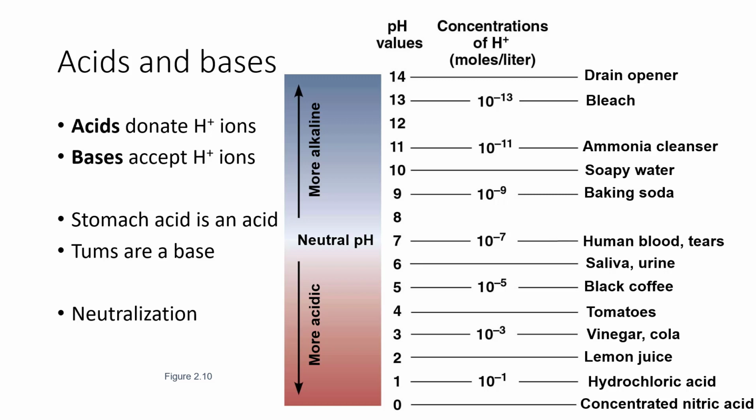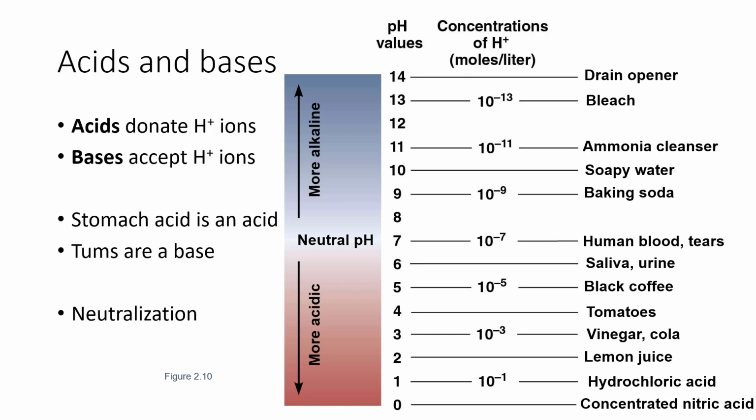There are also things like bases, and these will be able to accept H+ ions, perhaps because when they dissociate, they make an OH, and an OH plus an H turns into H2O. So these are able to accept hydrogen ions. And this would be something like bleach or sodium hypochlorite. We're not going to get into the chemistry of that in this class, but it is a very basic substance.